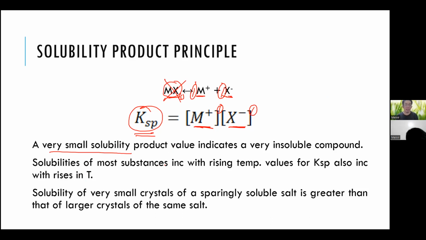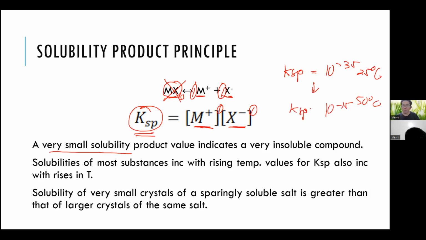Very small Ksp. Solubilities of most substances increase with rising temperature, so therefore the values for Ksp also increase with rises in T. So if you notice, Joshua, let's say this Ksp is 10 to the negative 35 at 25 degrees Celsius. Now, when you raise the temperature to 50 degrees Celsius, let's say it becomes 10 to the negative 15.